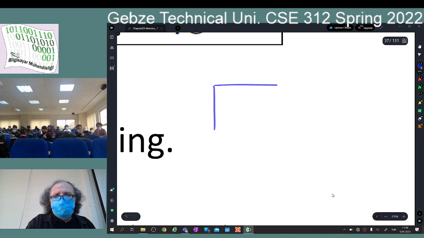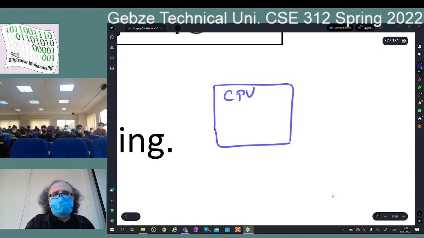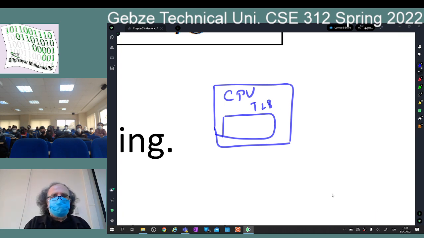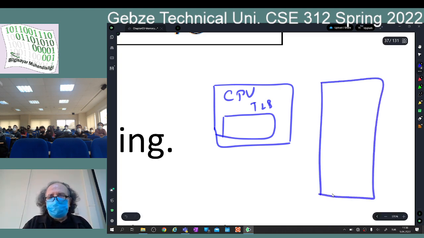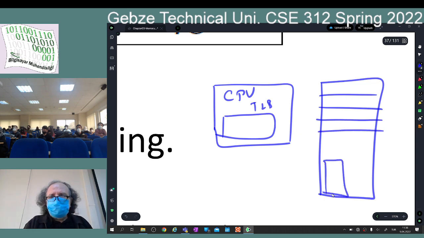This is our CPU. Inside my CPU, I have my TLB in the memory management unit. And this is my memory. In my memory, I have my pages, of course, but I have somewhere my page table.